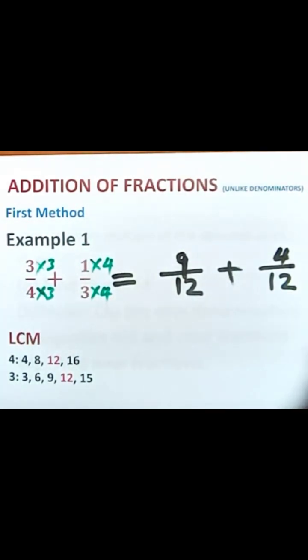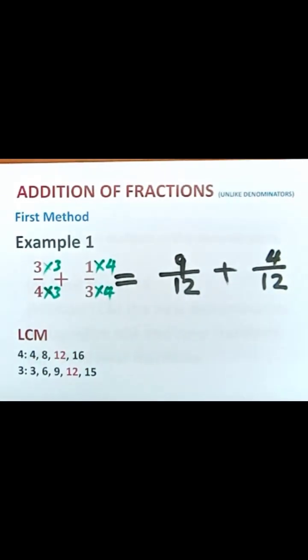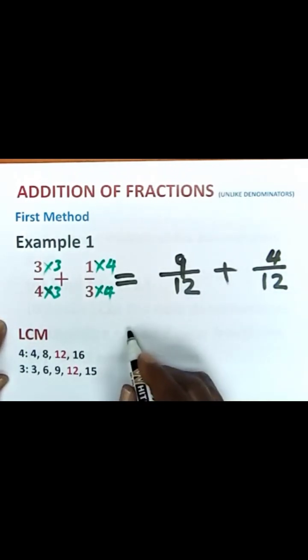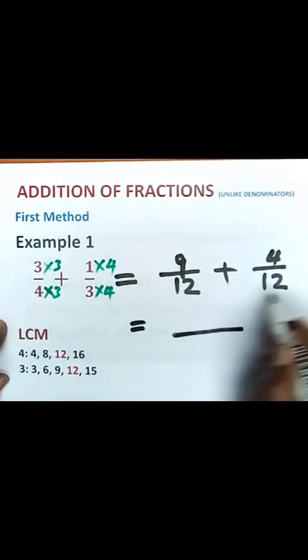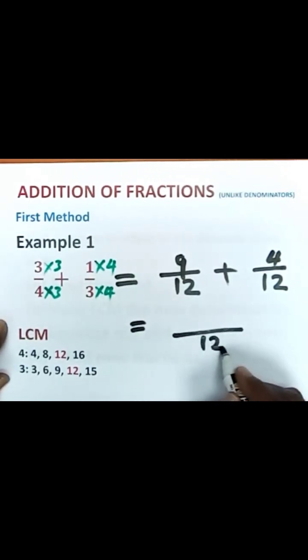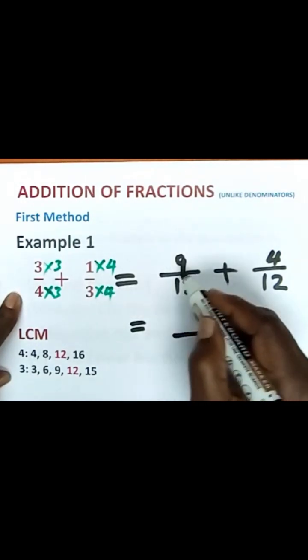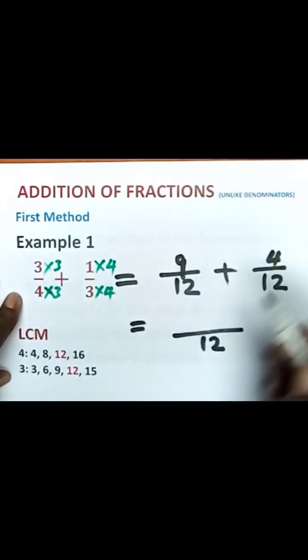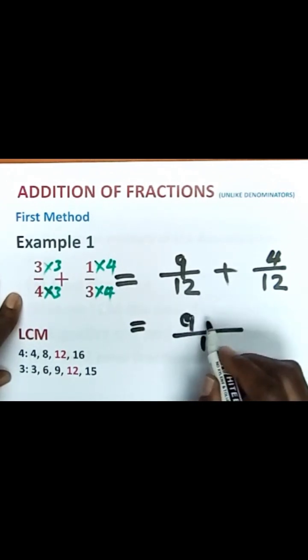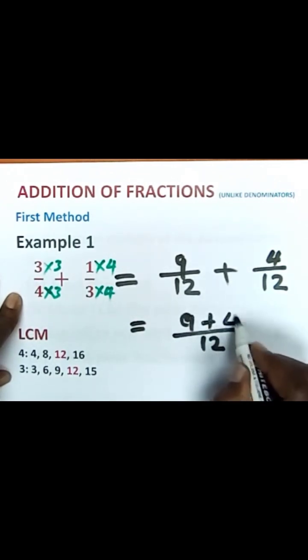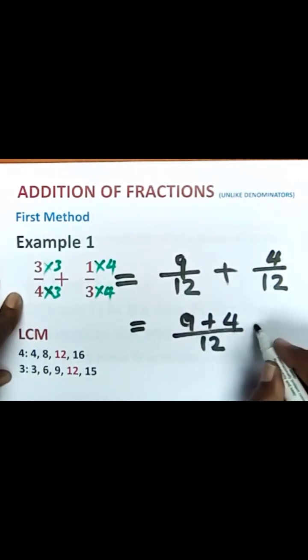So remember our rules of adding fractions with the same denominator from the previous video. We want to add these two fractions. Since they have the same denominator, we simply draw a line and put the common denominator, and then we now carry these numerators and add them together.